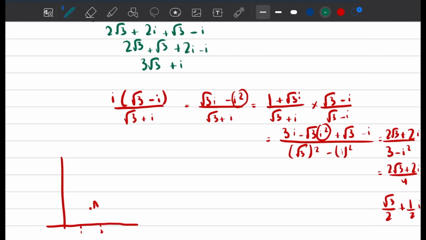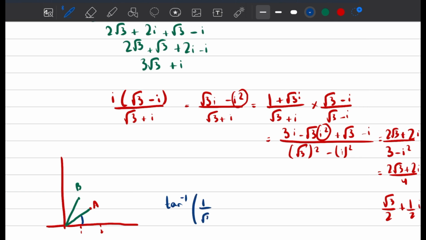So 1 plus under root 3 iota will lie somewhere here.